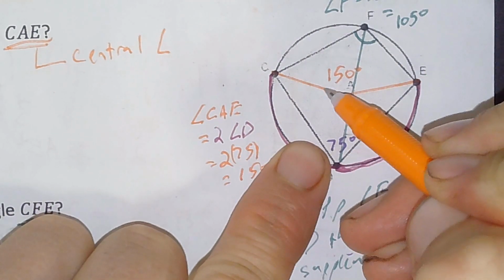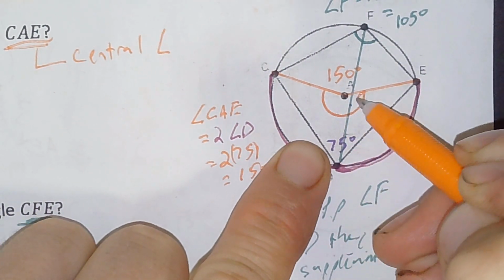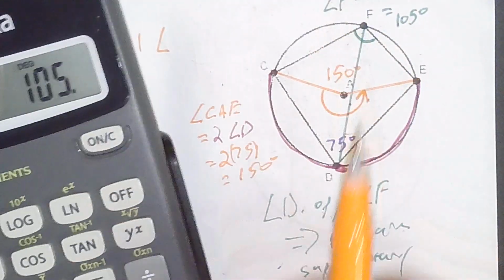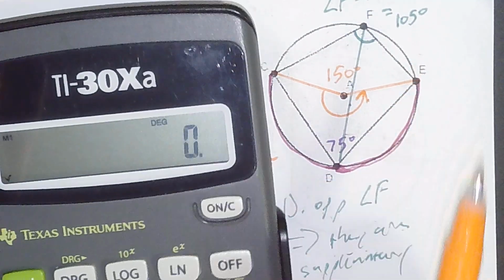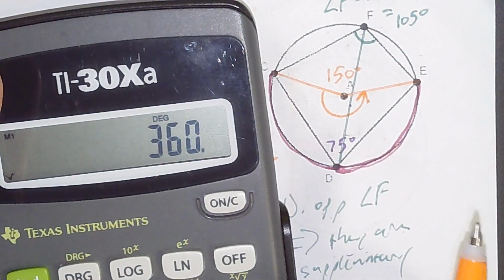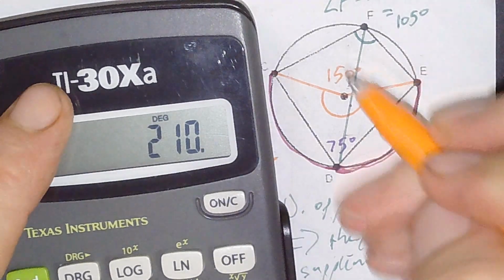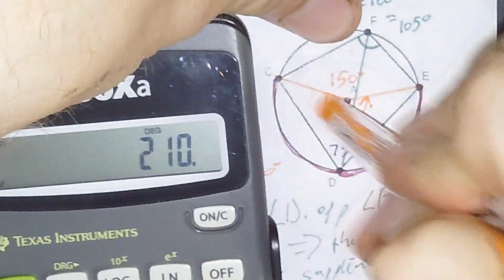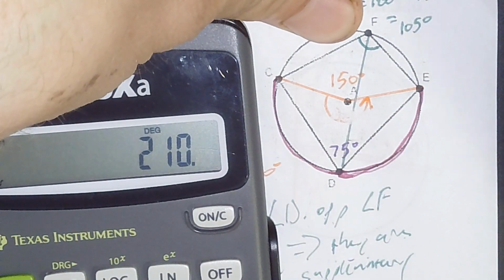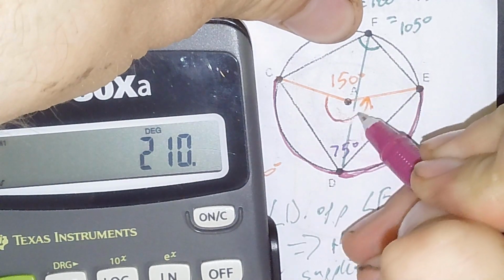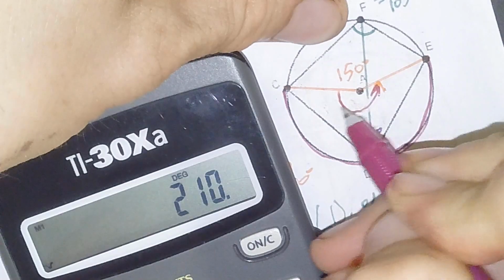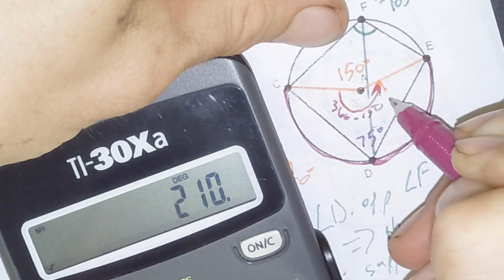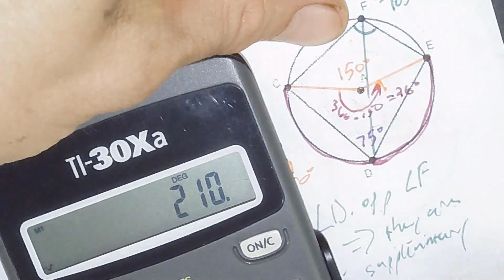So if I look at this angle, it's going to be 360 degrees minus 150, so that's going to be 210 degrees.